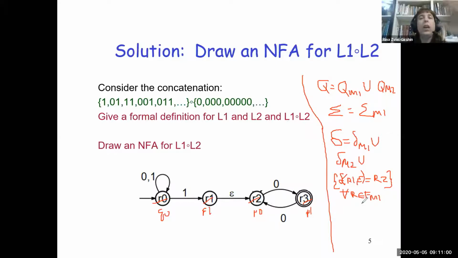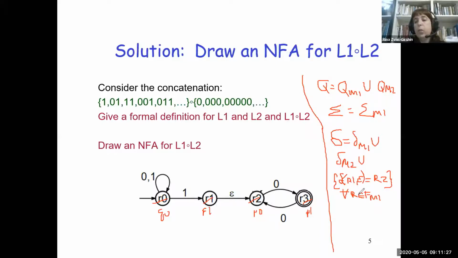Once again, if you give an abstract solution, not a specific solution, you have to specify that you will add this epsilon transition for each state that was an accepting state in automaton M1.